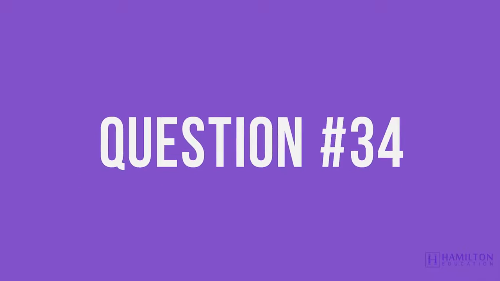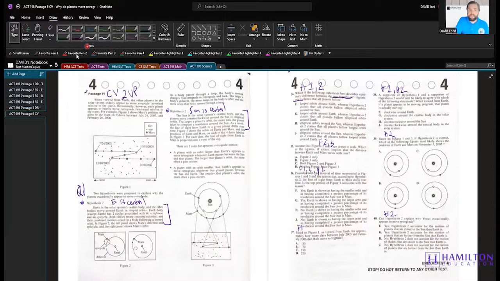Question 34. Which of the following statements best describes a primary difference between the two hypotheses? Well, hypothesis 1 was about the Earth being in the center and everything going around the Earth. And hypothesis 2 was that the sun is at the center and the Earth and the rest of the planets go around it. So let's look at the first one: looped orbits around the Earth, whereas hypothesis 2 claims all planets follow elliptical orbits around the sun.